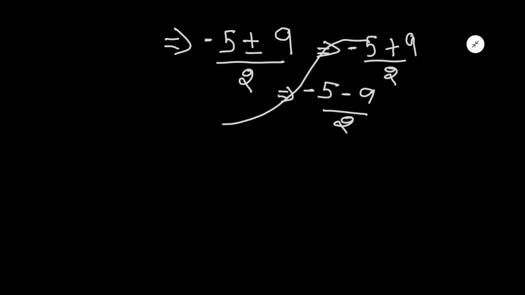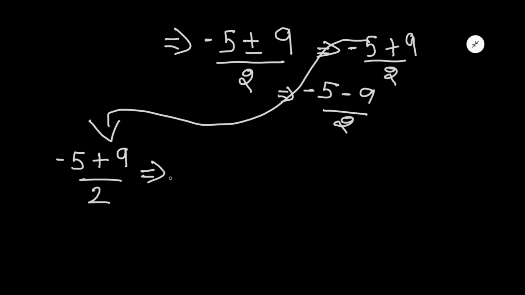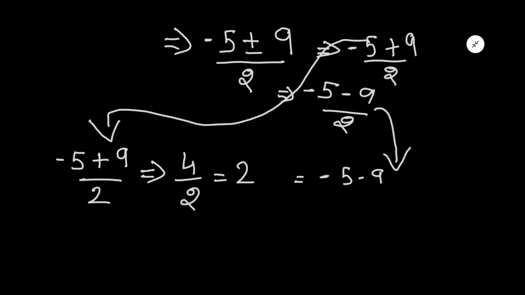So we will solve the first one, which is minus 5 plus 9 upon 2. It is equal to 4 upon 2, which is 2. The other one is minus 5 minus 9 upon 2. So minus minus is plus.